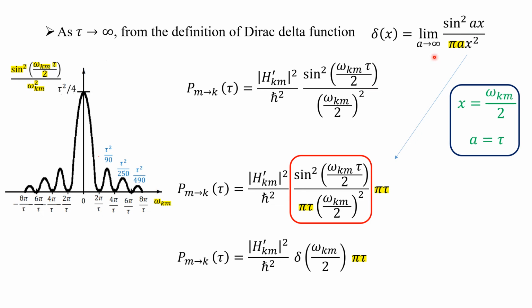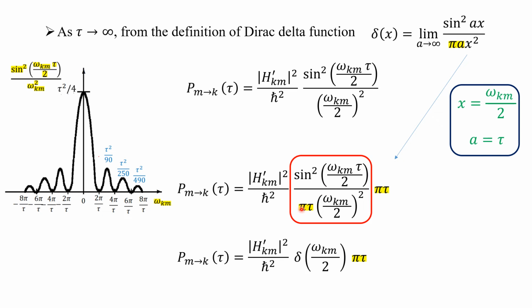Here you can compare this equation and the transition probability equation, and you can understand x is equal to omega km divided by 2, and tau is equal to a. There is a pi a here, and no pi a there; we have taken tau as a.